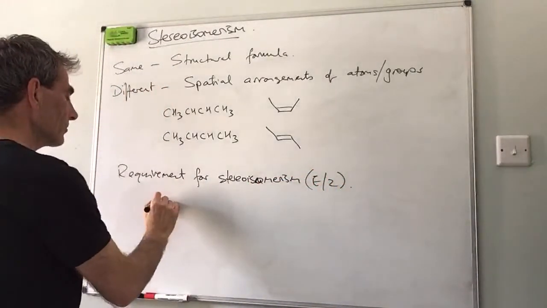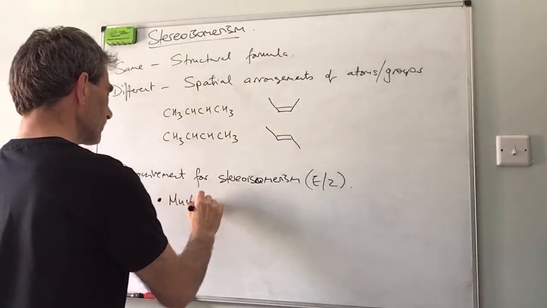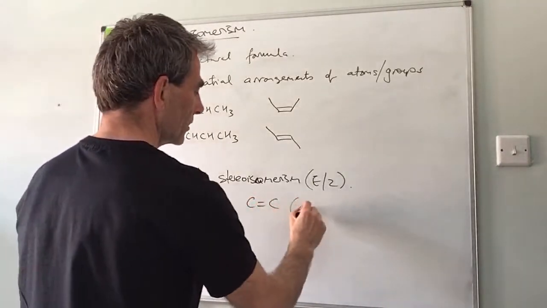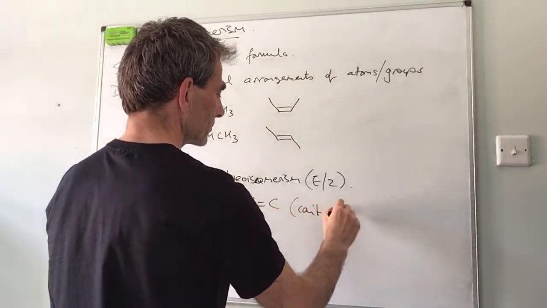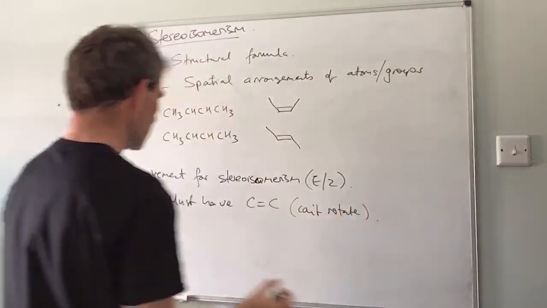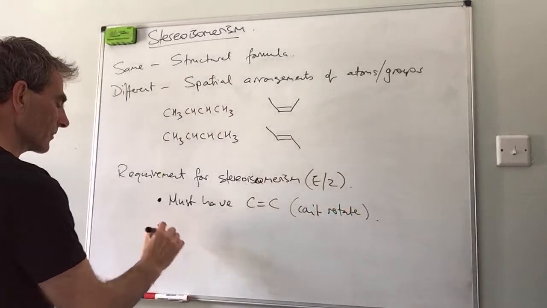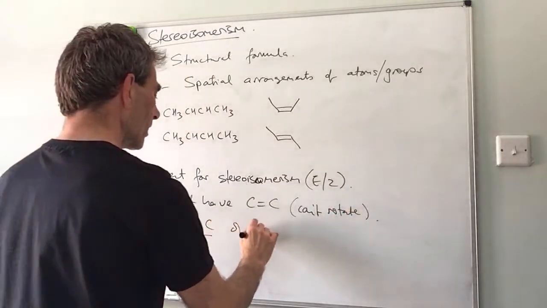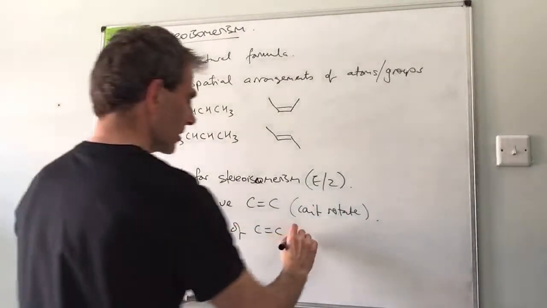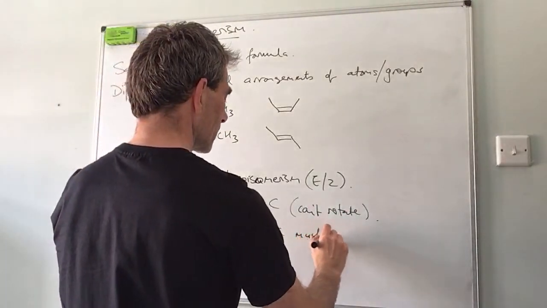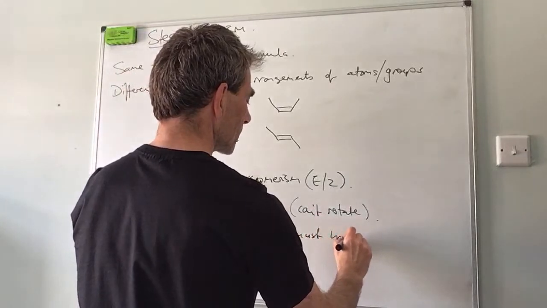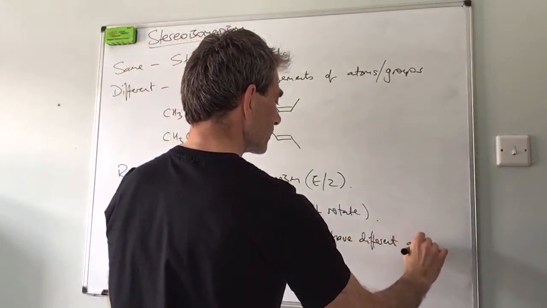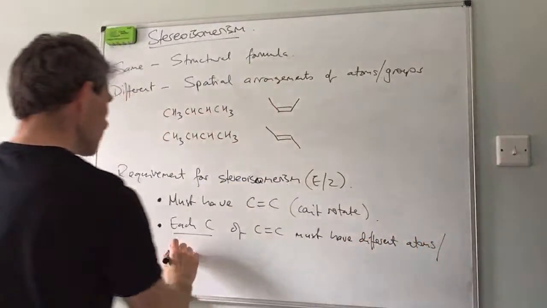So rule number one, must have a carbon-carbon double bond. Remember, that can't rotate. Rule number two, each carbon of the carbon-carbon double bond must have different atoms or groups of atoms attached.